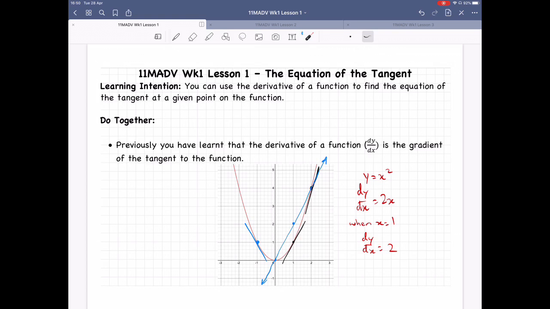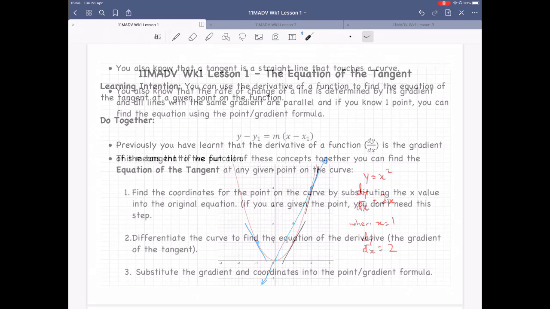Similarly, if I look at this position here, the gradient of the tangent, we can see, is quite steep and would be equal to 4, just as our gradient function is also 4 at that location. So we can see there's a relationship between those two.